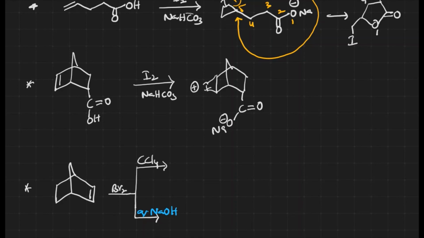This negative part attacks here and ring opening takes place. When ring opening takes place, what happens now? Let me write it over here. Iodine. And here it forms a kind of structure, a 1, 2, 3, 4, 5 membered ring like structure. That is what it is going to be, with a double bond O.